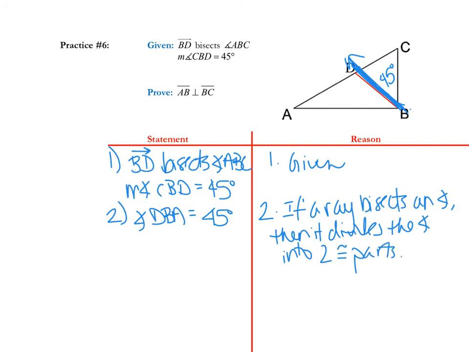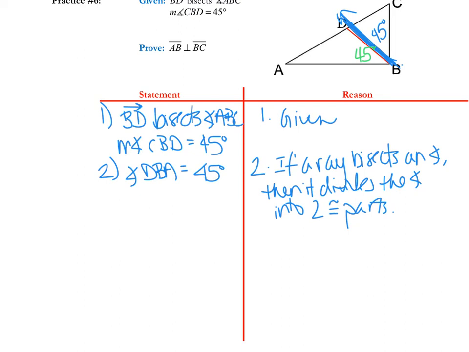So now I can go ahead and mark my diagram that this is 45 degrees because I proved it. Well, we see that both of those angles are 45 degrees. So if we add them up together, angle ABC equals 90 degrees by the angle addition postulate.